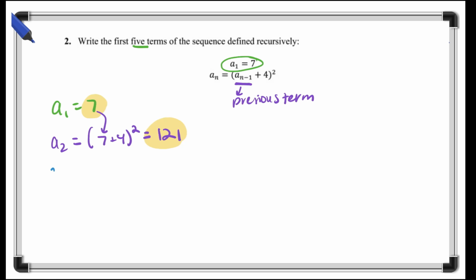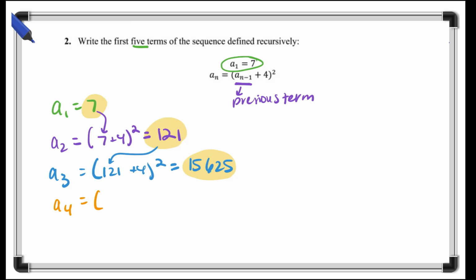And for A sub 3, same thing. You're going to take that 121, add 4 to it, and then square that answer, 15,625. A sub 4, again, take this answer, 15,625, add 4 to it, and then square.